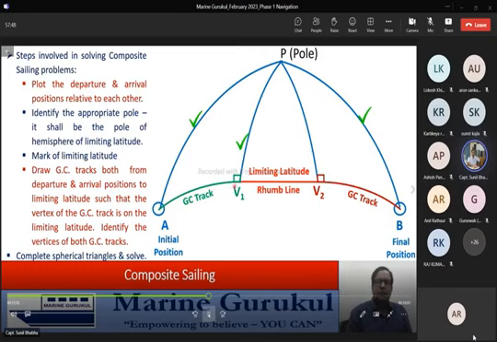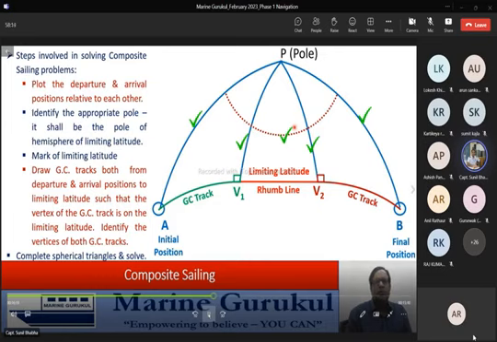Now, since V1 lies in the limiting latitude, you know the latitude of V1 and V2, and hence you can calculate PV1 and also PV2. The longitude of A and longitude of B shall give us this angle, which is the D long between A and B. So this angle is also obtainable.